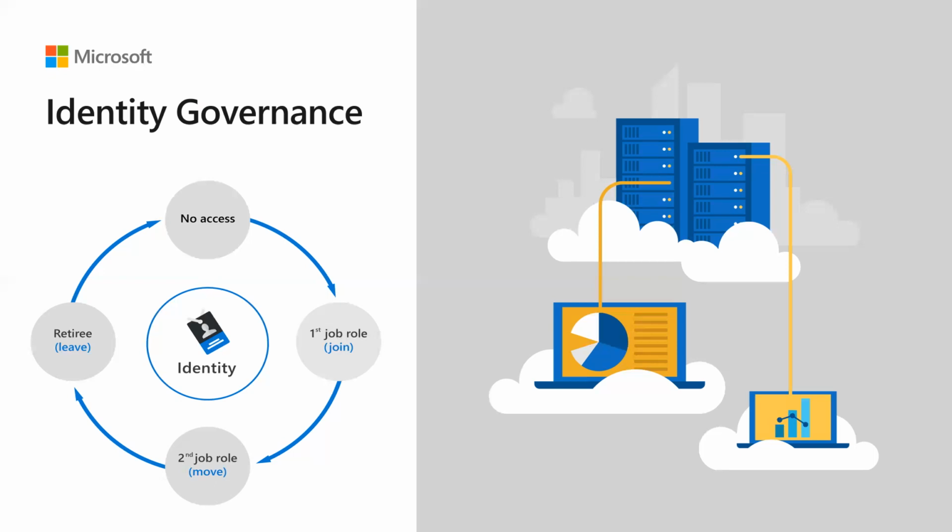Now he can add some resources, or make changes in some resources within the limitations of whatever role he has been given. After that, he retires. After retirement, he has no access. This is the identity governance model by Azure AD.